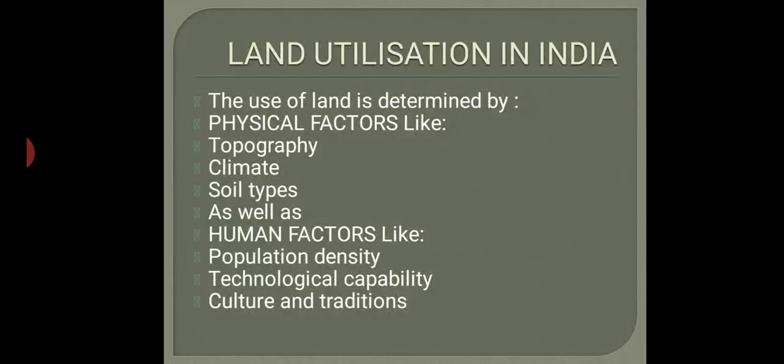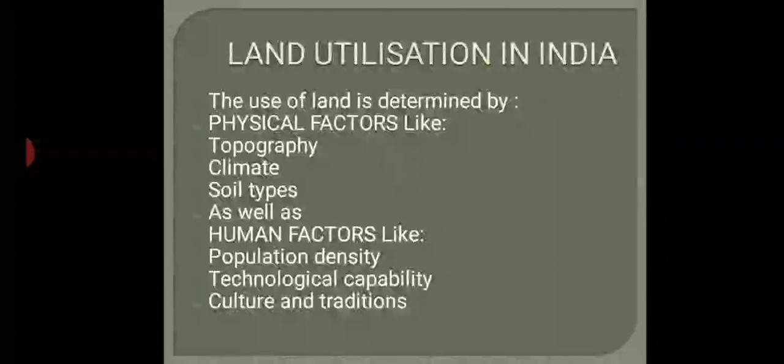The topic for today is land utilization in India. If you remember, in our last topic, we already covered our land resources, that is, the variety of landforms which we have: mountains, plateaus, and plains.